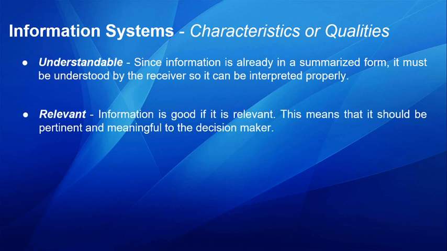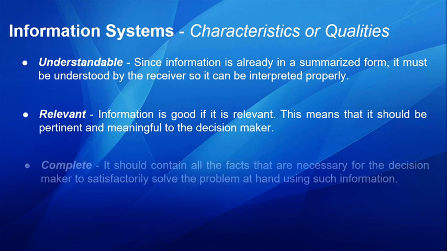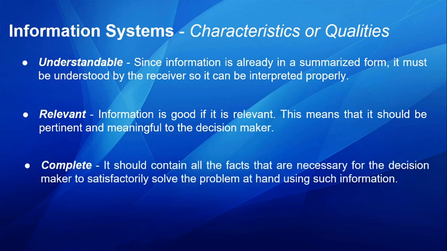Relevant. Information is good if it is relevant. This means that it should be pertinent and meaningful to the decision maker. Complete. It should contain all the facts that are necessary for the decision maker to satisfactorily solve the problem at hand using such information.